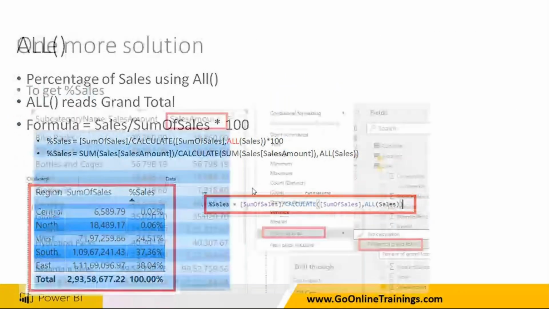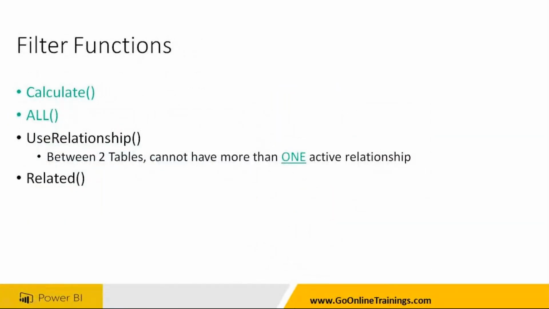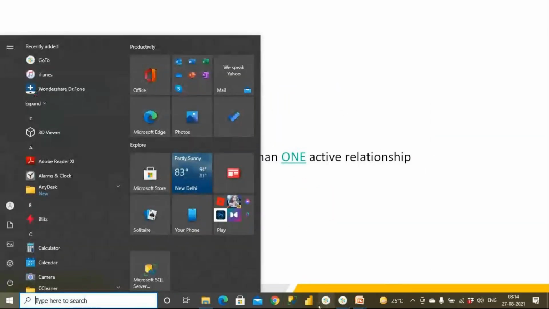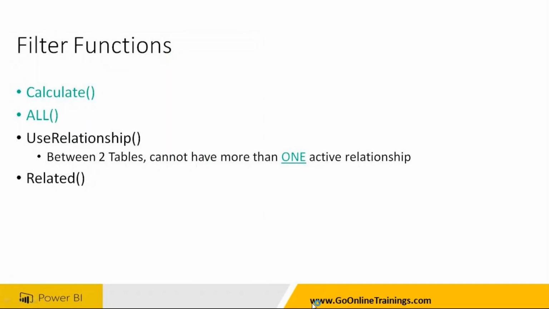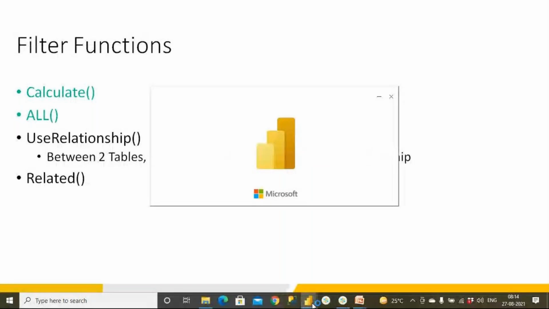So I wanted to open Power BI Desktop and explain what the issues are. If we don't have the USERELATIONSHIP function, what will we lose? Let us understand.